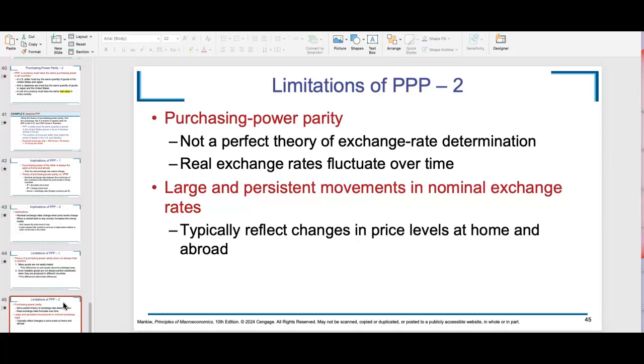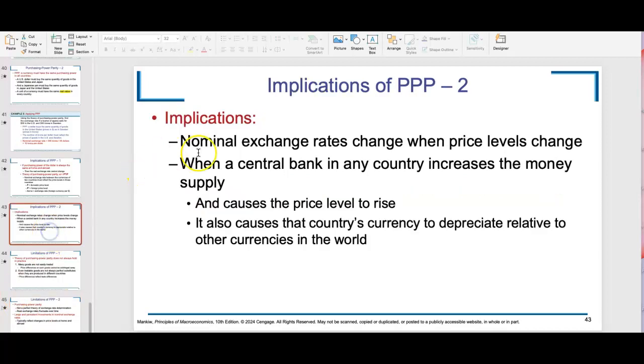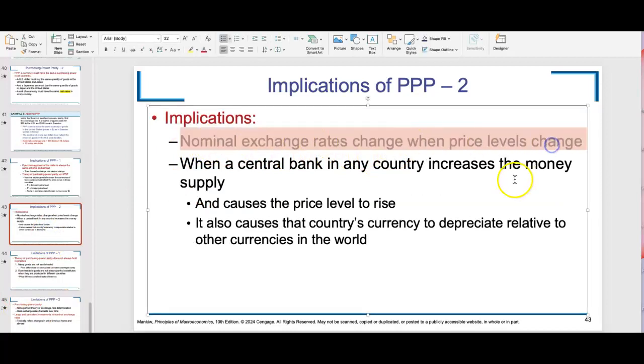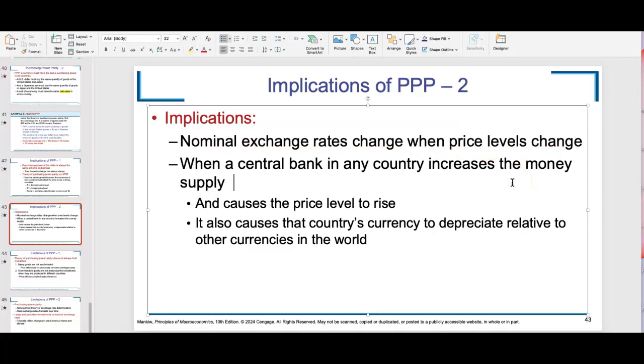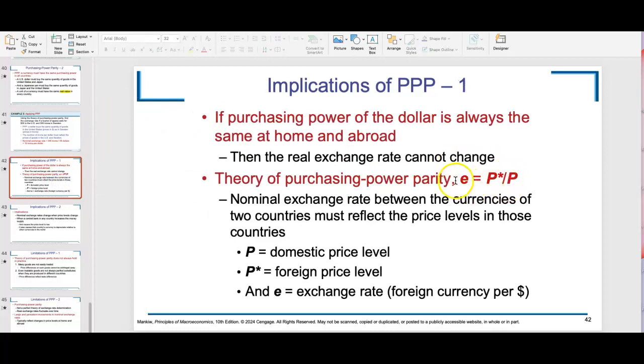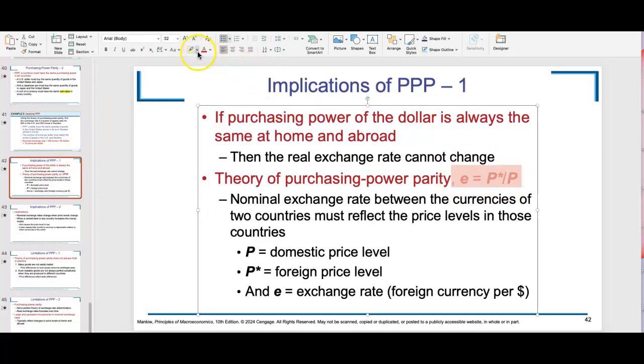We can't say that a US dollar has the same purchasing power in the US as it will have abroad. So some of the implications are valid, right? The implication that nominal exchange rates can change when the price level changes, yes. E equals P over P star. We know that. P star over P. This equation stands true, right?